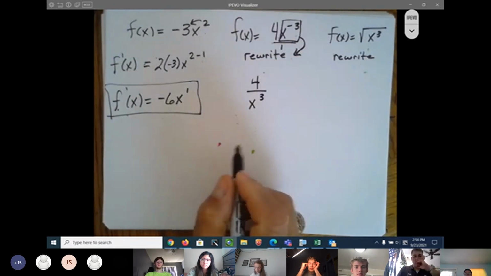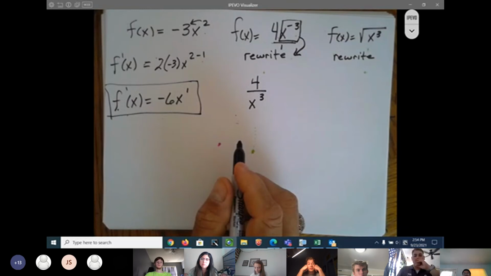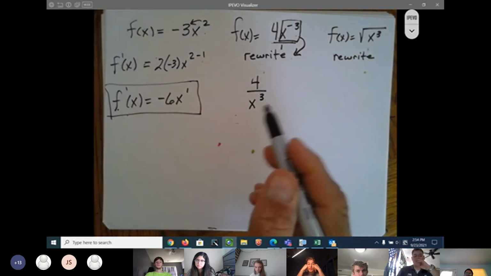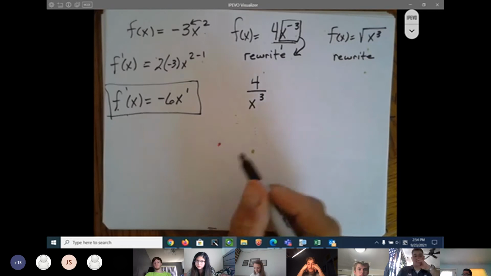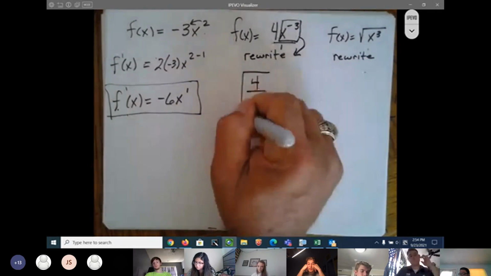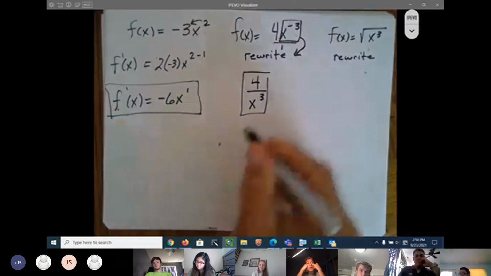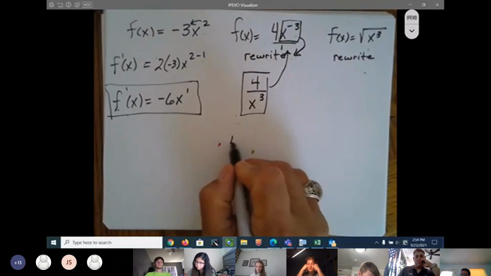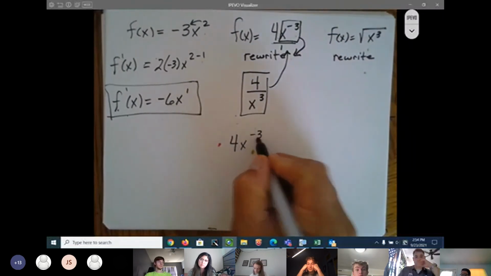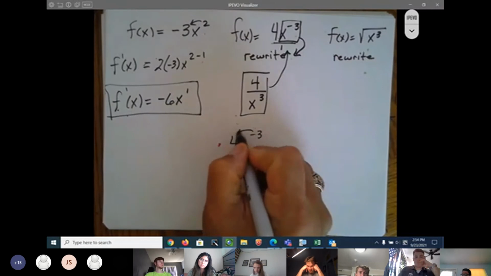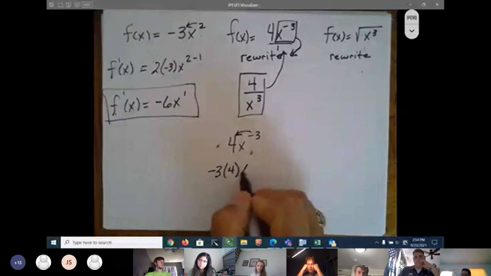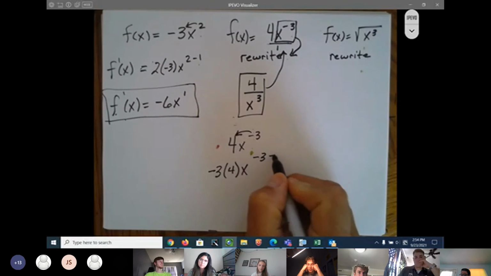Y'all remember doing that? Okay, now I'm doing it a little backwards because I'm trying to show you something. If you have been given one like this, you rewrite it like that. So 4x to the negative third, bring that out front, and that's negative 3 times 4x to the negative 3 minus 1.